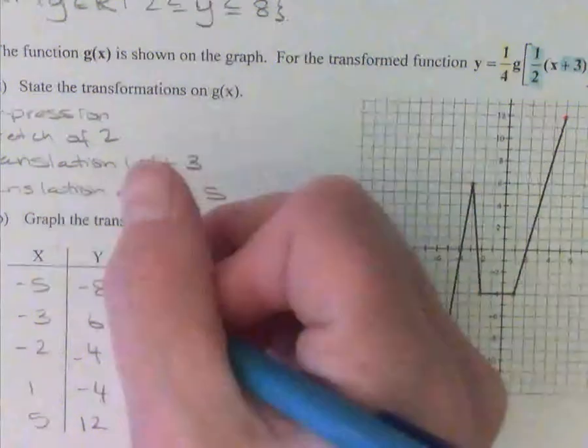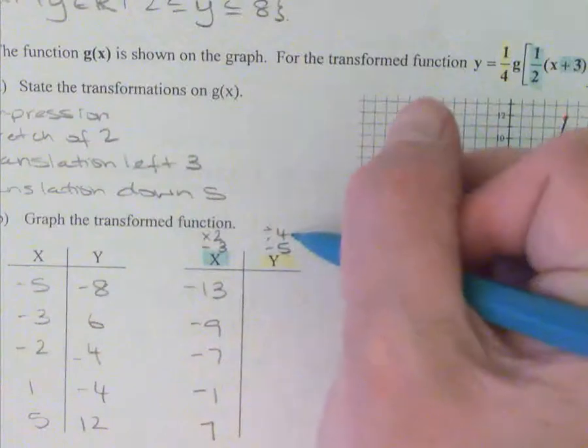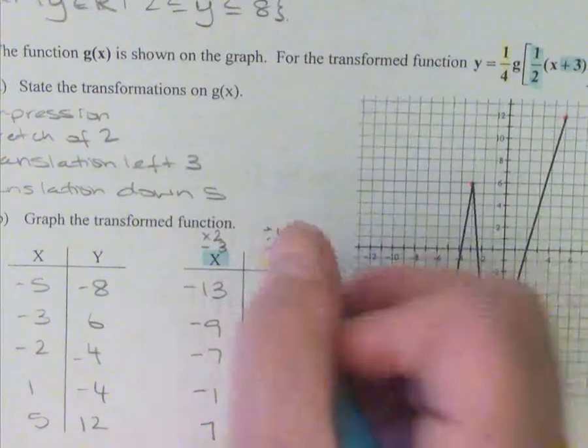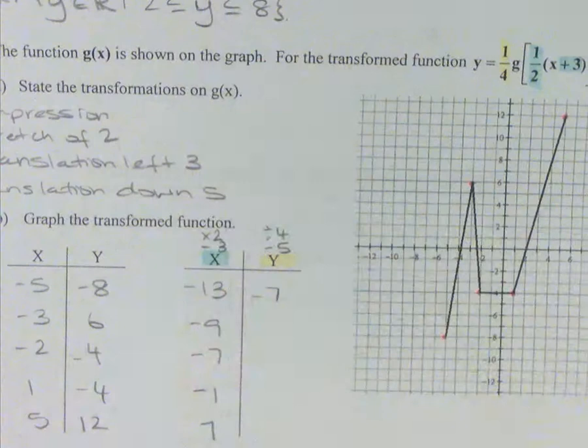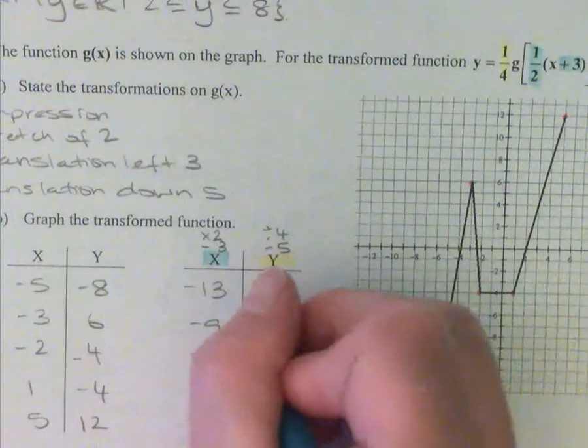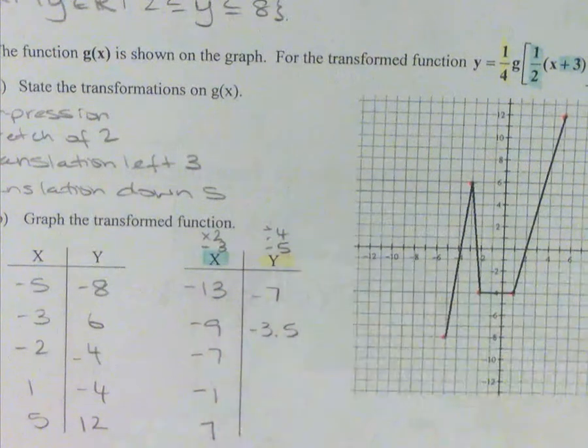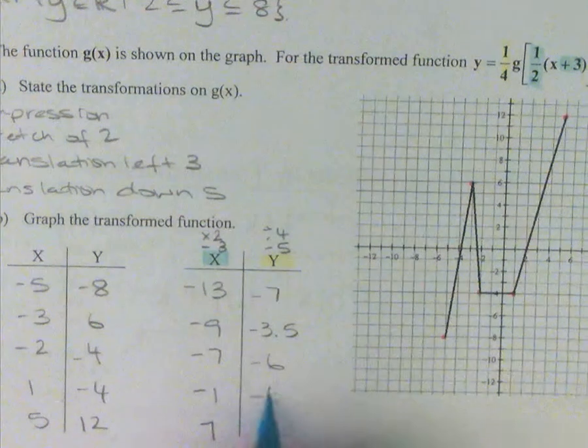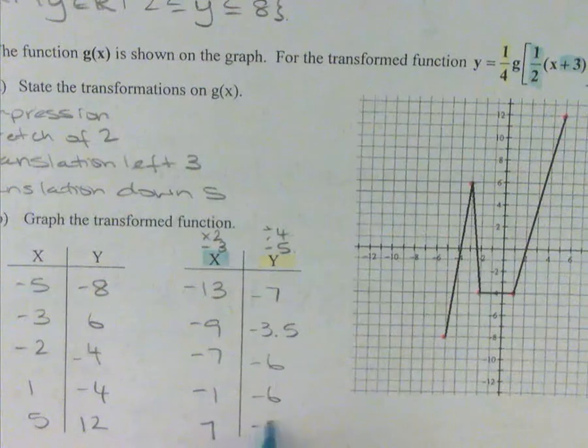Now I'm going to take these values of y, divide them by 4 and subtract 5. So I get -7, -3.5, -6, -6, and -2.